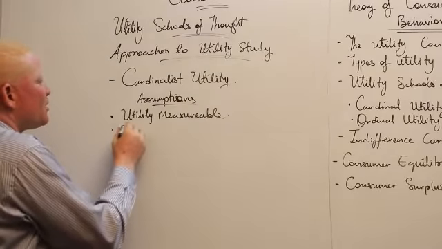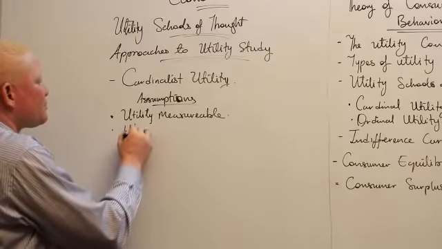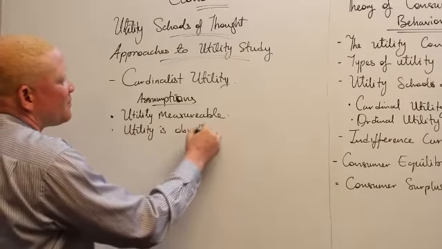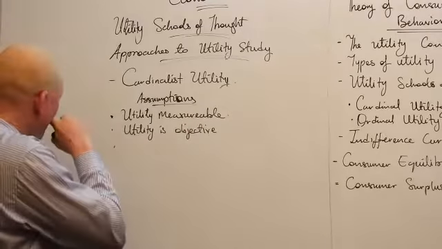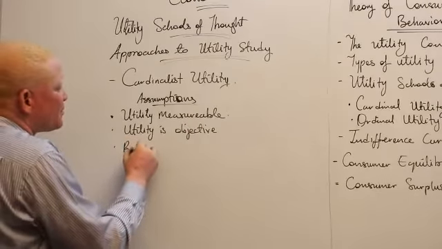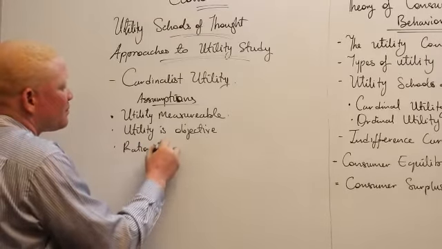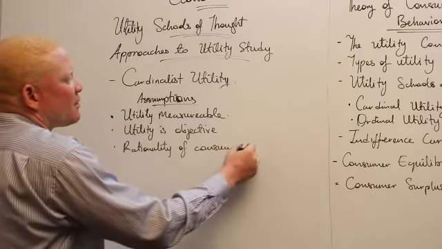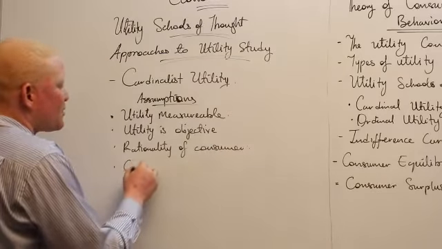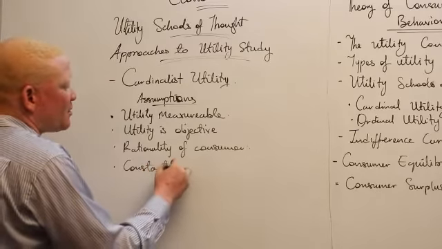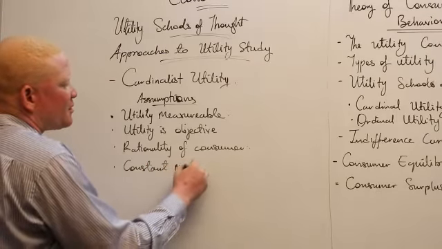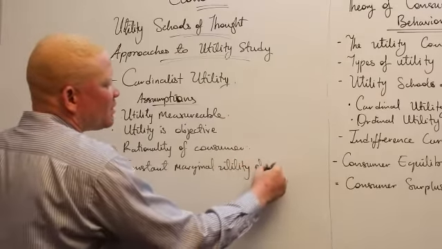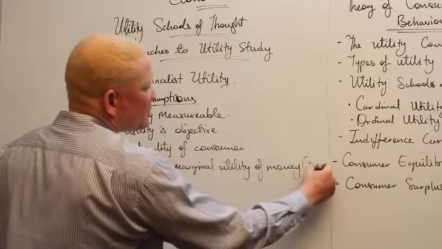Two, utility is objective. Three, rationality. Four, consumer. Four, constant marginal utility of money, that is price.